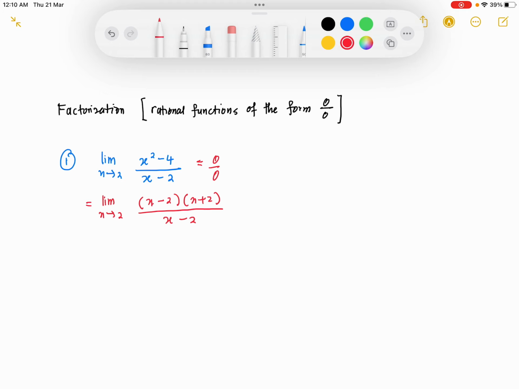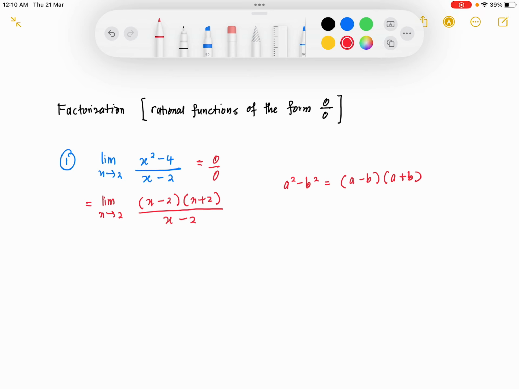For x square minus 4, it is based on a square minus b square. So when we factorize, it equals a minus b times a plus b. So that's why we get x minus 2 times x plus 2.